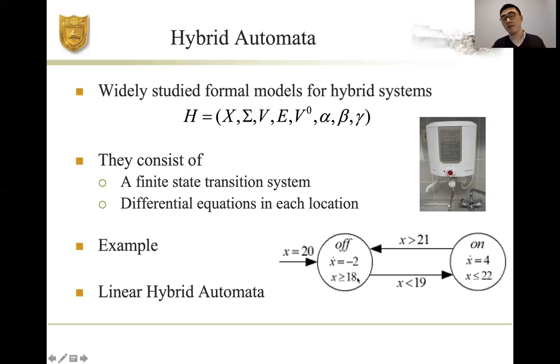And when the value of x is smaller than 19, then this jump condition, you may also call it a guard of the transition, will be enabled. Then in this case, you can jump from the location off to on. And when you jump to on, then the differential equation will be changed to dx/dt equals 4, and the invariant is x should be smaller than or equal to 22.